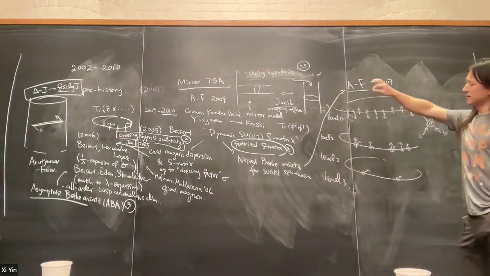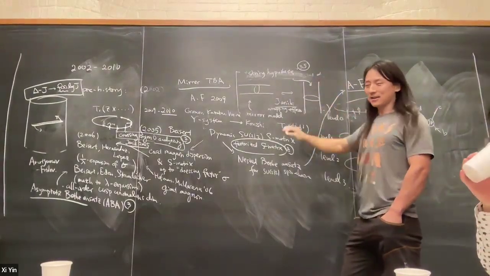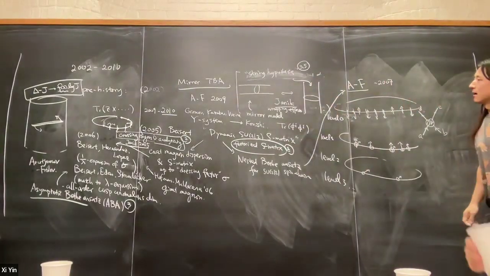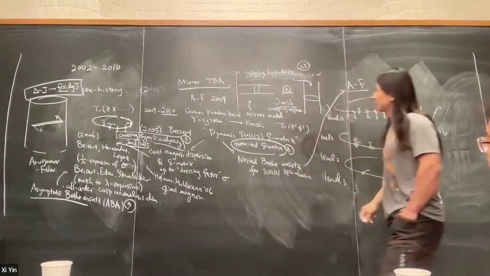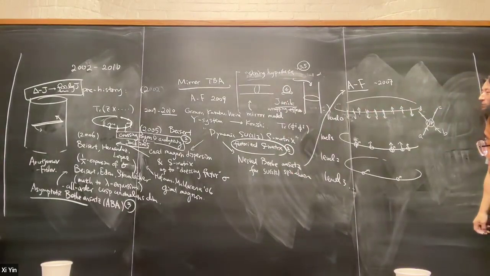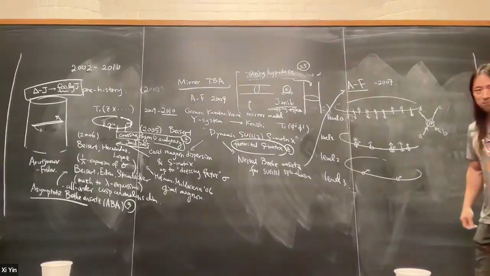This assumption is a bit technical. I would say that it's something you can more easily check than the other assumptions. And then the mirror TBA itself, the existence of this kind of mirror model and this relation, this is assumption number 4. I would say that these are the key assumptions that lead to the solution of this spectral problem.